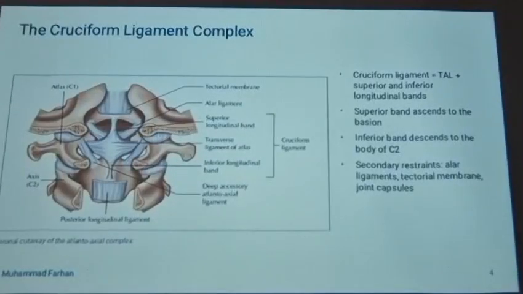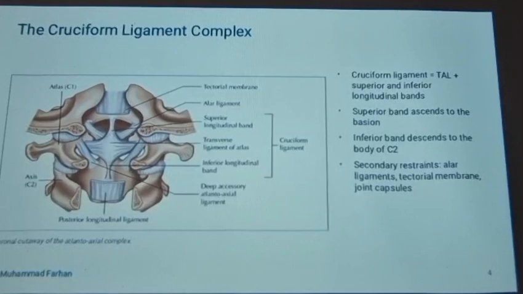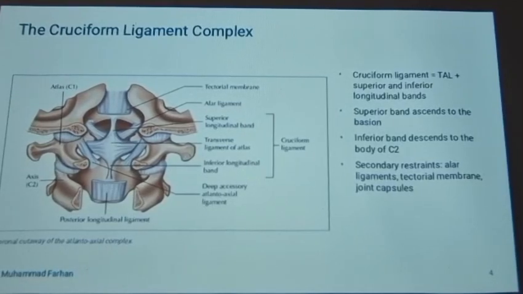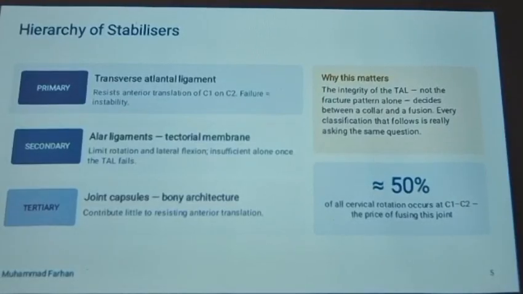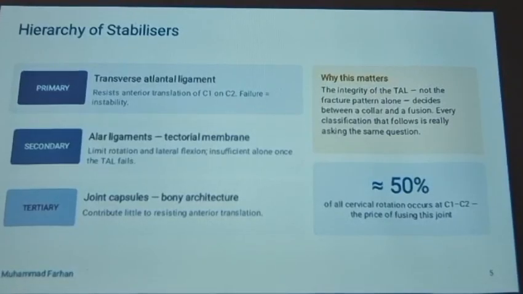This is another view of the main stabilizer of the atlantoaxial complex, the transverse atlantoaxial ligament. It has a superior band, an inferior band, and two lateral bands. We can also see the apical ligament and the alar ligament. The main management focus will be on the transverse atlantal ligament.